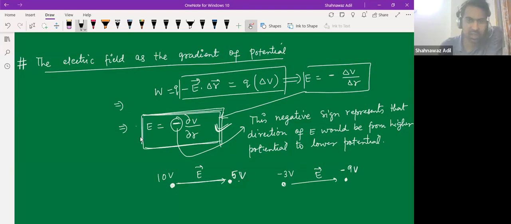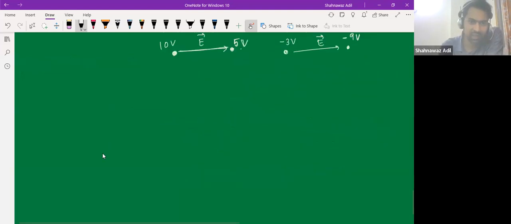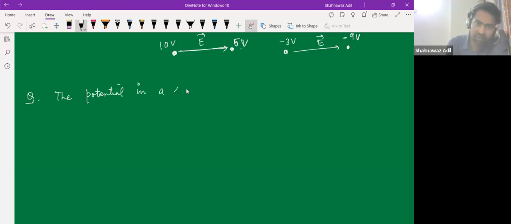So in these types of questions, what will they give? The question would be that the potential in a region is varying as follows: V is minus 4x square y z square.